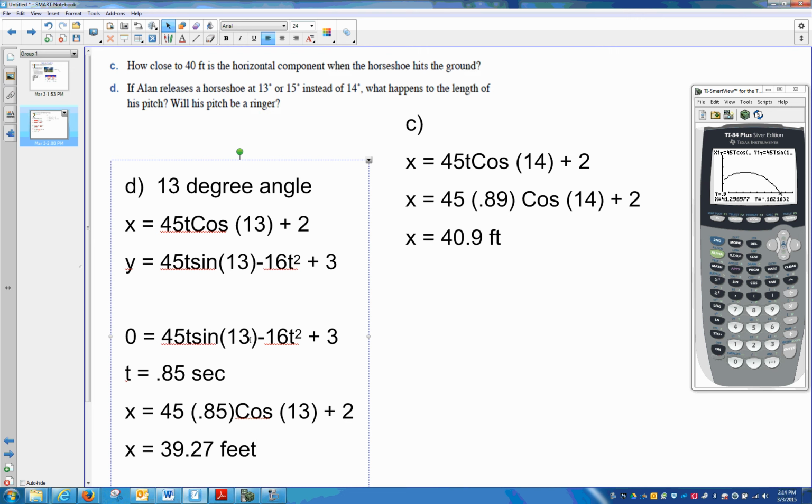So if he throws it at a 13-degree angle without changing the velocity of 45, it's going to be in the air for 85 hundredths of a second, but it's going to come up about 3/4 of a foot short.